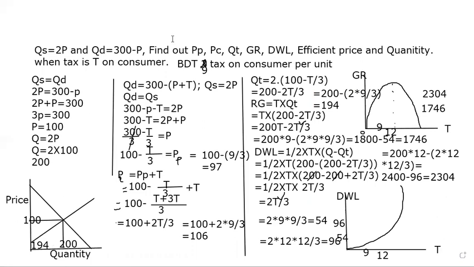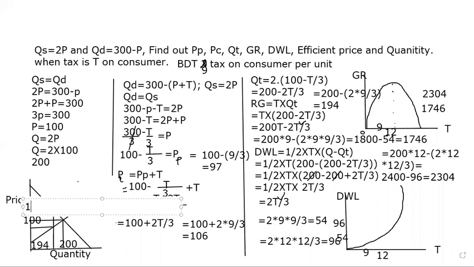So for new quantity, we can draw a graph for quantity of product. We'll get price to be paid by, this is the demand line, price to be paid by consumer, and here price to be paid by producer, received by producer.